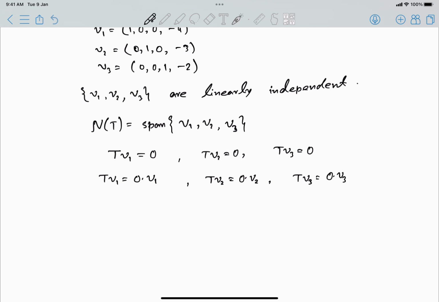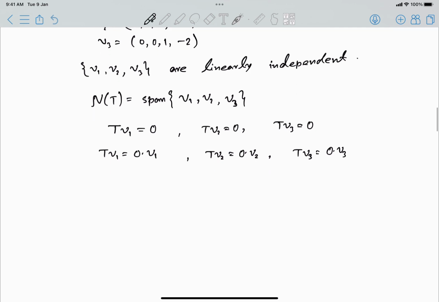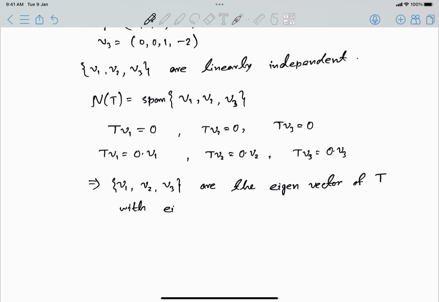And v1, v2, v3 are linearly independent, so they are non-zero vectors. So these three equations tell us that v1, v2, v3 are eigenvectors of T with eigenvalue 0.